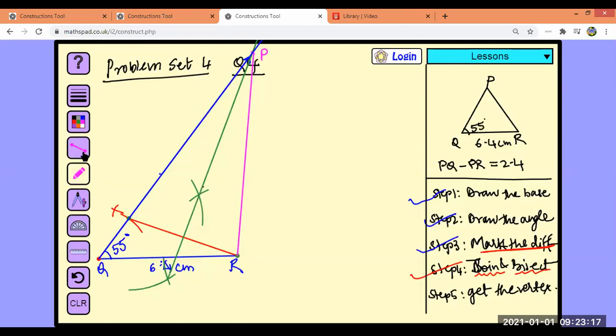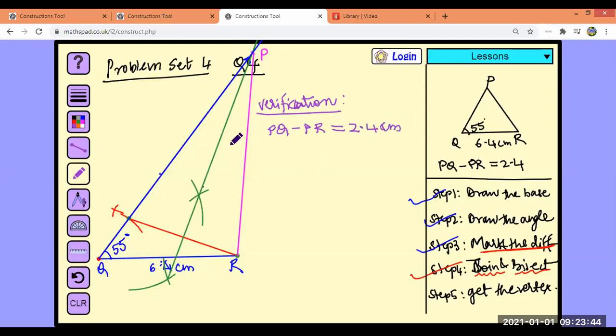Okay, now this was the construction. Let us look at the verification. How to do the verification? We know PQ minus PR should be equal to 2.4 centimeters.